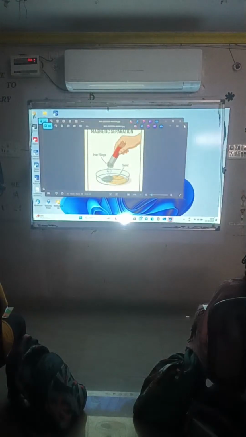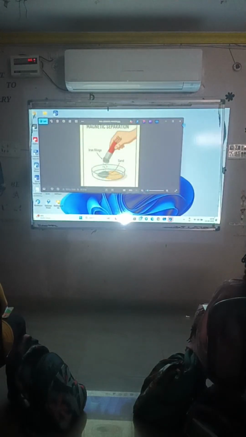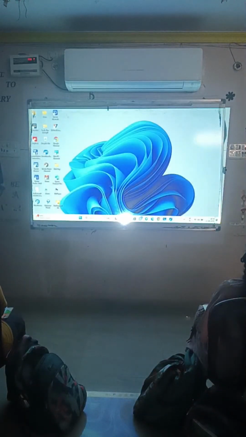What separation technique, what separation principle is better to separate two miscible liquids? Miscible liquids. Come on, get up. Tell me, ma'am. Kalyan, you get up.